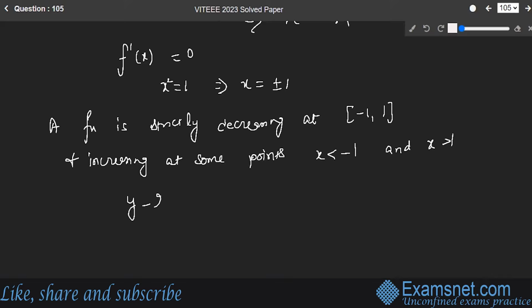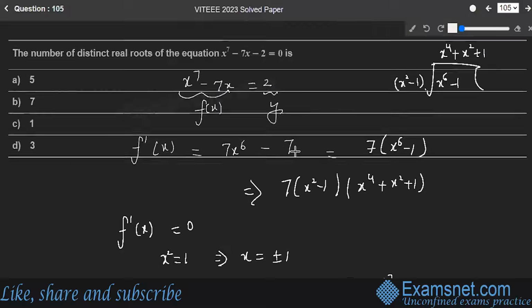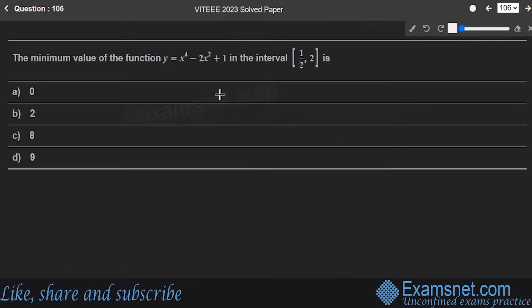So y is equal to 2 intersects this at 3 points. That means f of x is equal to 2 has 3 real distinct solutions. All right. That is option 3, D. Hope you got that. Next is 106th question.